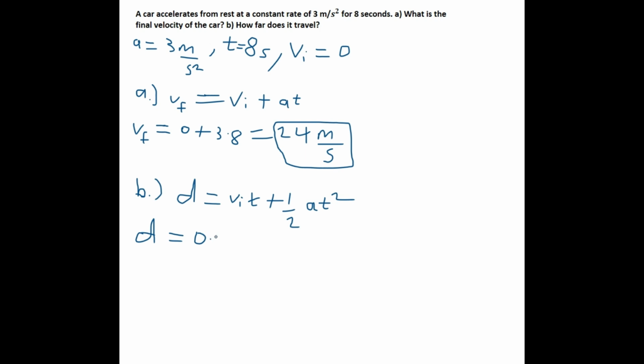Plugging in our variables, we have 0 times 8 plus 1/2 times 3 times 8 squared. And then this gives us our answer, that the distance it travels is equal to 96 meters.